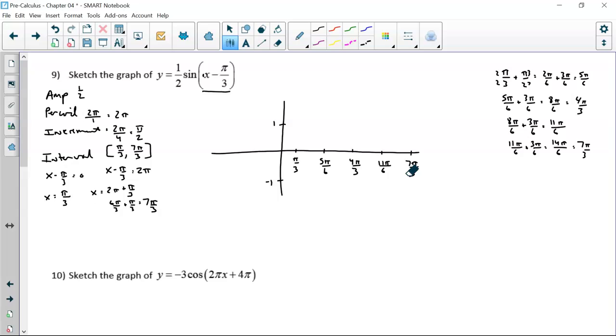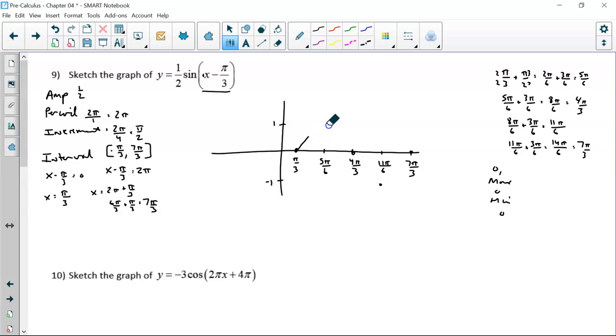Now this is still sine, so it's going 0, max, 0, min, 0. We still follow that same pattern, except we're starting at pi over 3. So pi over 3 is our 0, max at 5 pi over 6, 0 at 4 pi over 3, negative 1 at 11 pi over 6, and then at 7 pi over 3, we're back to 0.